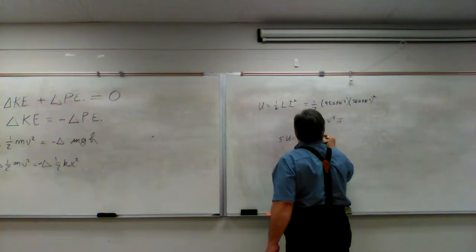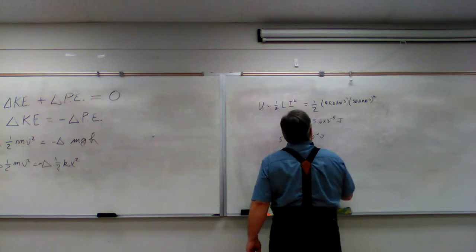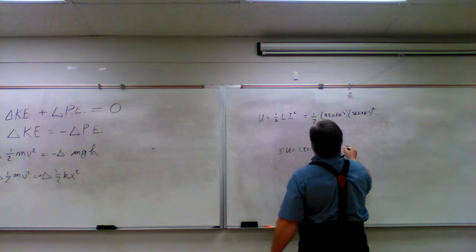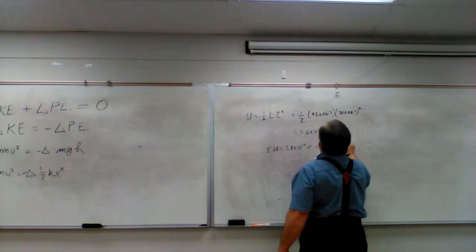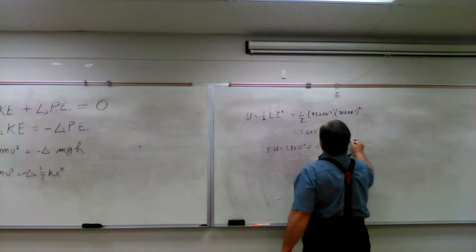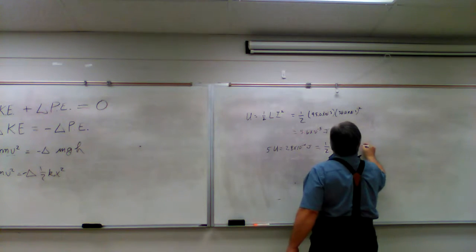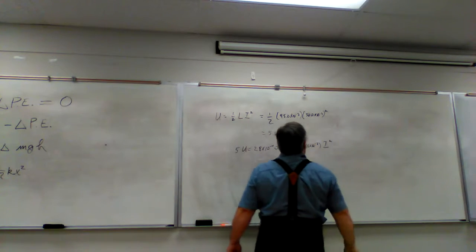Okay, times 10 to the minus 4 joules is now equal to 1/2 times 45.0 times 10 to the minus 3 times I squared, the new I squared.